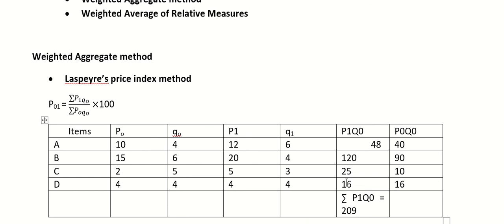Then we have P naught Q naught. So its summation is P naught Q naught summation is 156, right? So we have obtained all the figures. Now we will apply these figures into the formula. Here we have the formula.